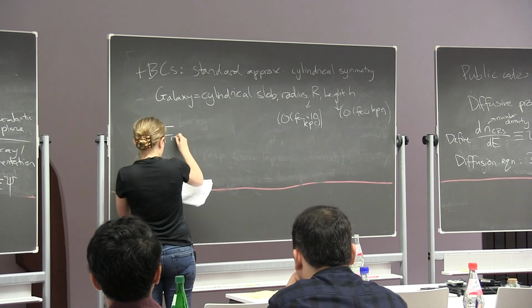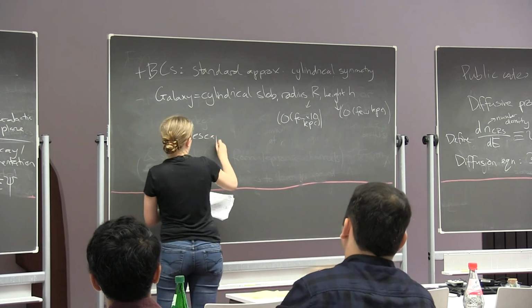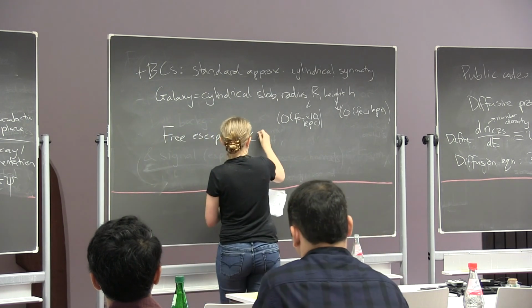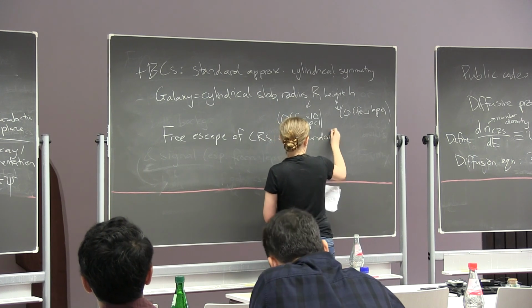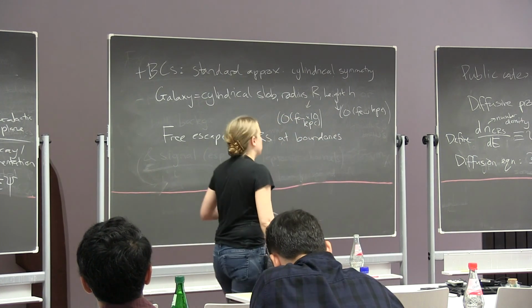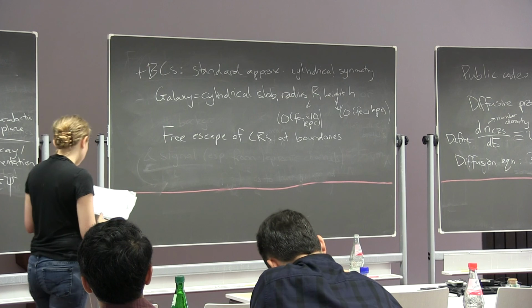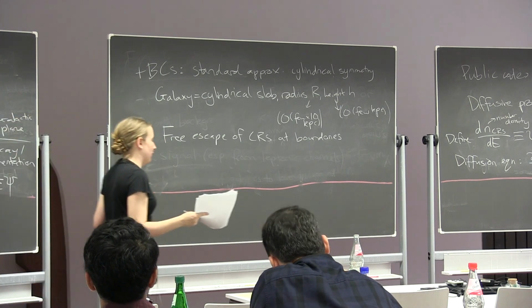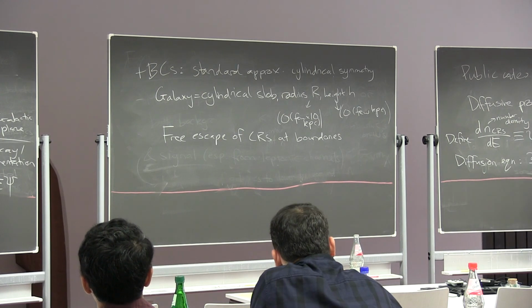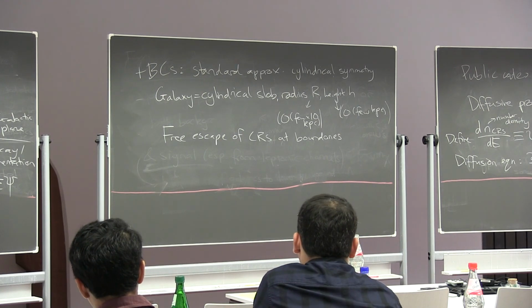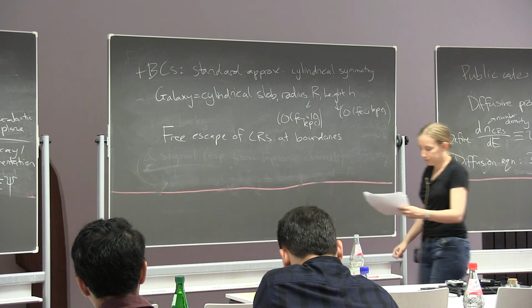And normally you say that at the boundaries, there's free escape. So at the boundaries, the cosmic rays just free stream outwards. So then you largely have the cosmic rays confined to this halo within the galaxy in a cylindrical slab, within which they diffuse and lose energy as they propagate.